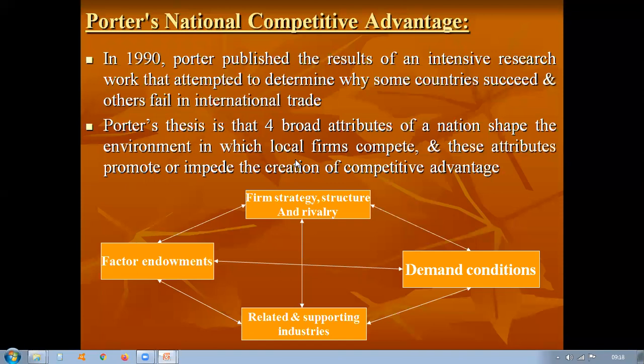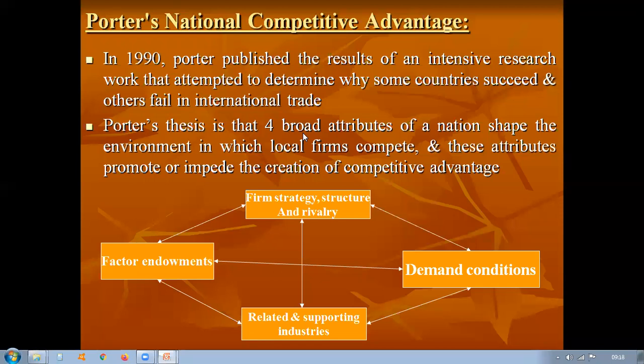So let us take factor conditions, the factor endowment. On the left side you see the slide. Factor endowments are factor conditions. These factor conditions include factors of production.